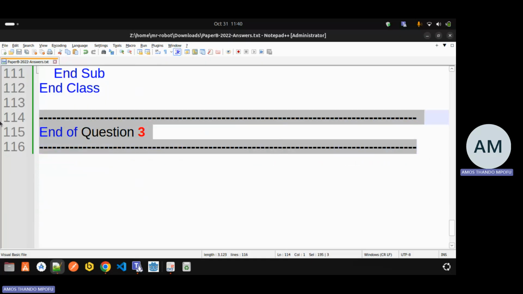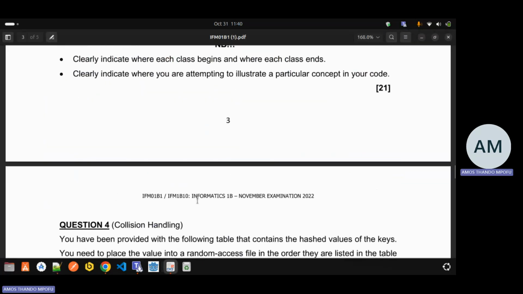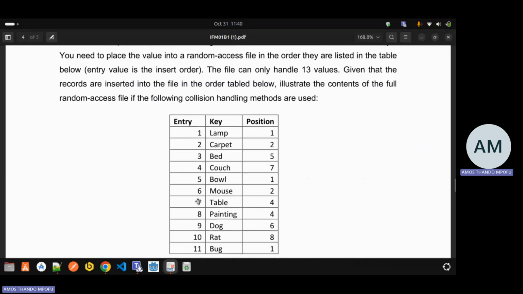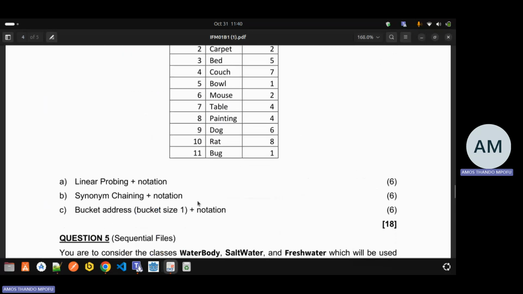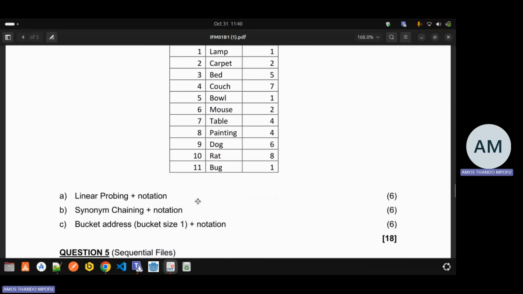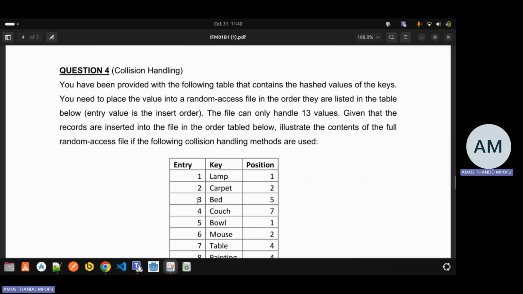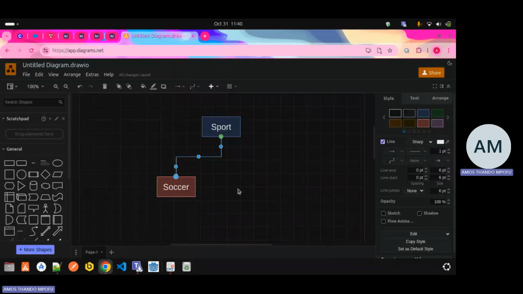And then question 4. Question 4 is the diagram, right? It's a collision handling thing. With collision handling, this is really annoying because I have to do quite a lot. So for collision handling, I'm going to switch to this side.